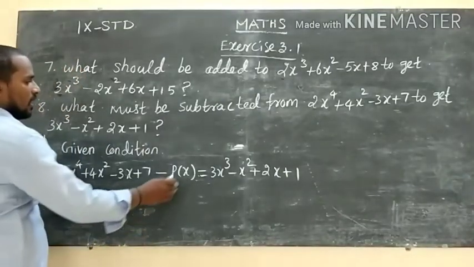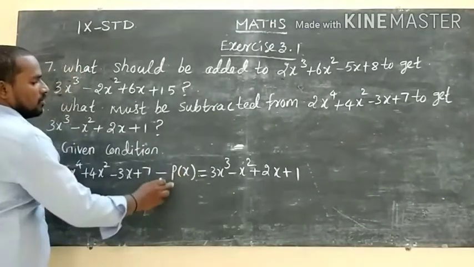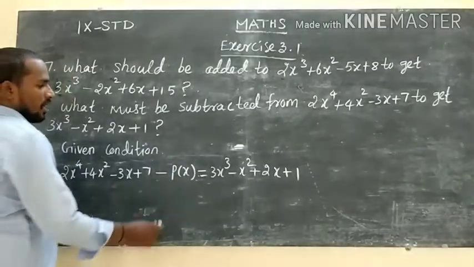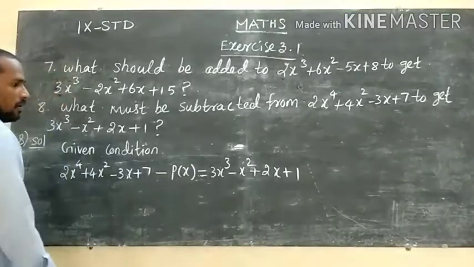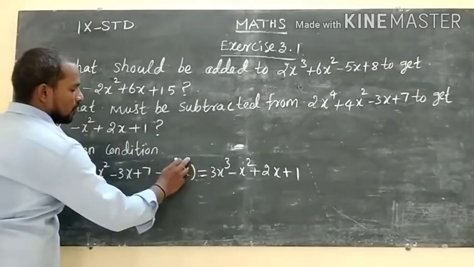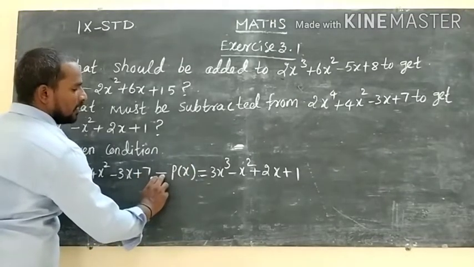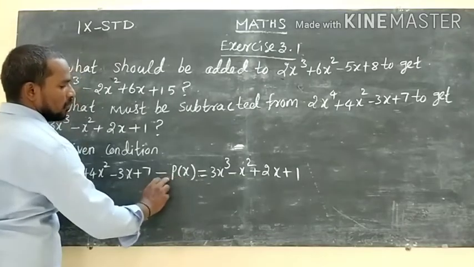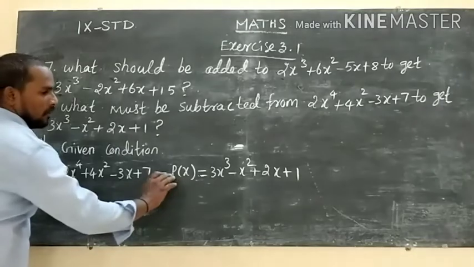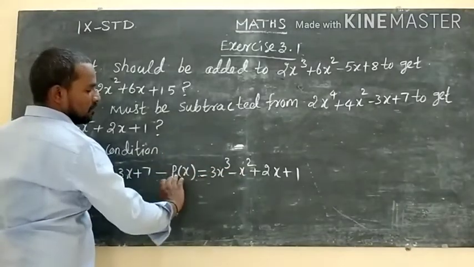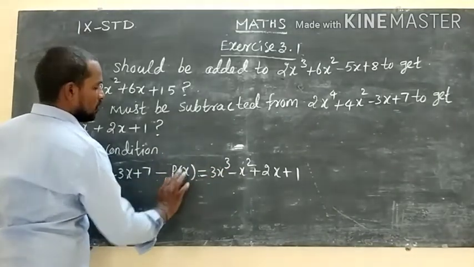What is the required polynomial? What is the value of p of x? This is what we want to find. Now there is a negative sign on p of x, so make it a positive sign. Making the transformation from the left side to the right side, we get plus p of x.